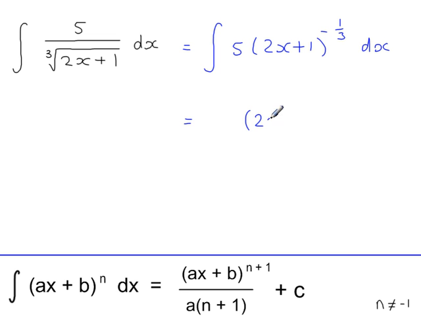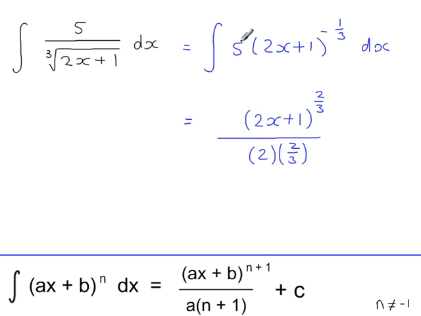So we've got 2x plus 1. If we increase the power by 1, so that minus 1/3 plus 1 gives 2/3. So then we're going to divide by that new power. We're also going to divide by the coefficient of x, which is 2.